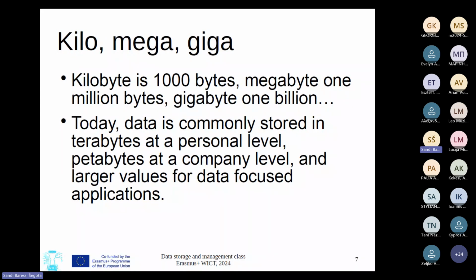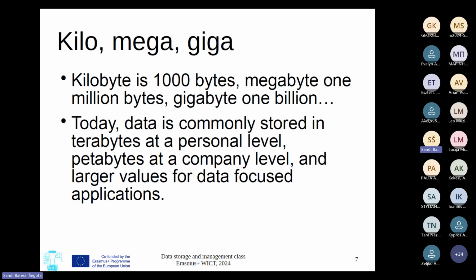Before we move on, if you aren't into computer science and data science and connected disciplines, you probably haven't heard about bits and bytes, but you may have heard about megabytes or megabits for your internet transfer, or gigabytes for your phone storage.